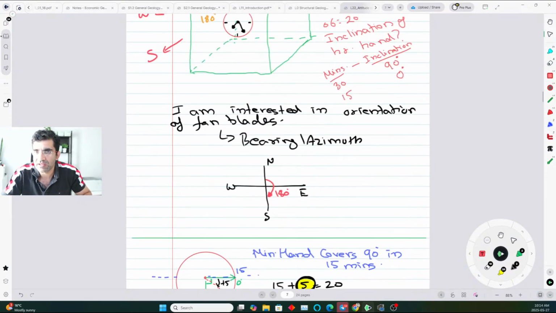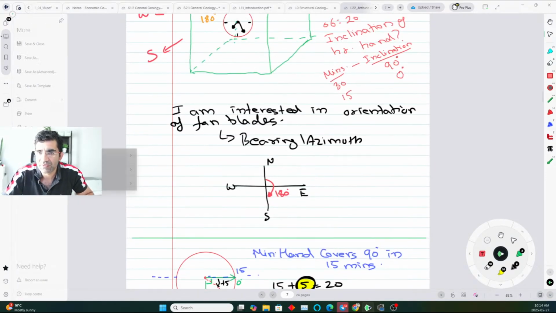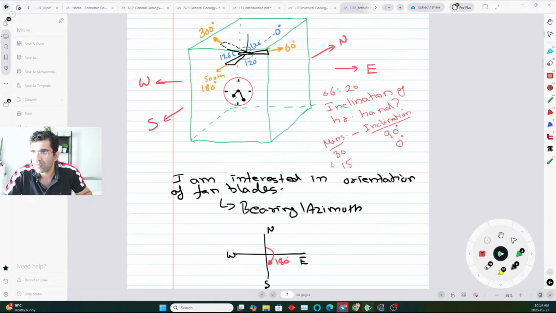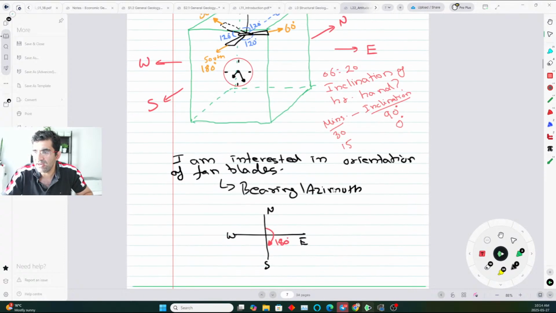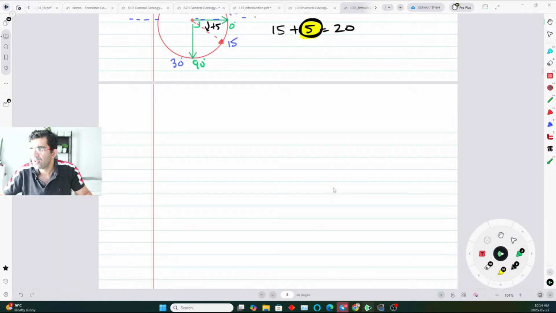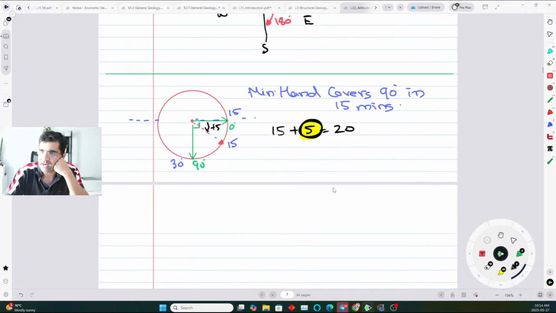Let me add another page. 30 degrees. Yes. How did you calculate that? Sir, 15 divided by 5 gives 3, which means we have to divide it into 3 portions, so 90 degrees divided by 3 gives 30. Correct.